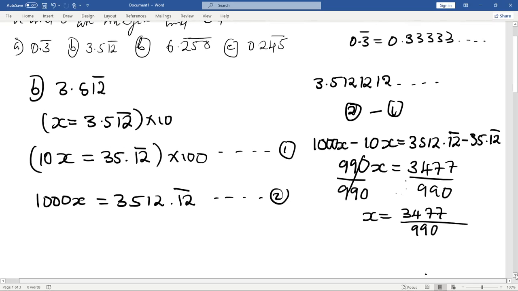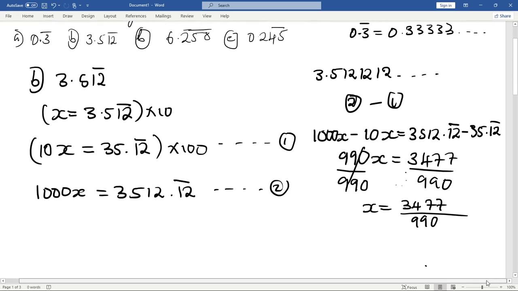Let's just check if there's a number that can go into both numbers. We have no number that can go into both, so we just say 3.512 bar is the same as 3,477 divided by 990.